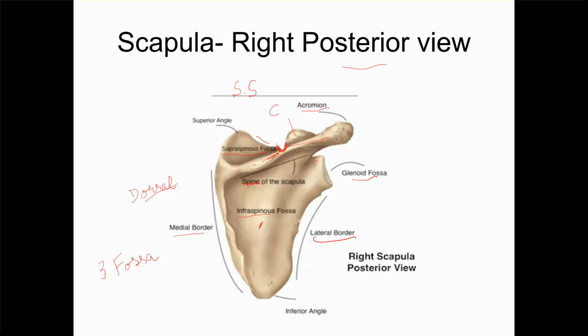And if you come along the spine of the scapula to the glenoid process over here, put your finger here, you will find another notch. The name of this notch is the spinoglenoid notch. So there are two notches: suprascapular notch and spinoglenoid notch.